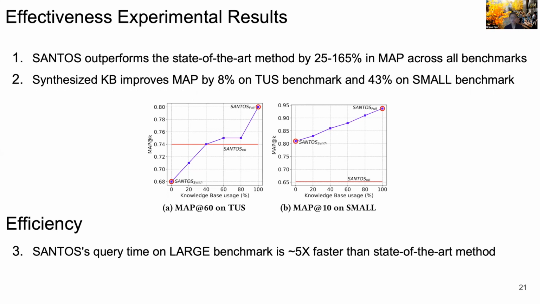This shows that the synthesized knowledge base, which represents relationship semantics that may not be contained in an available knowledge base, improves mean average precision by 8% on the TUS benchmark and by 43% on the SANTOS Small benchmark. Thus, both knowledge bases are needed for SANTOS. And in efficiency experiments, we find that SANTOS's query time on the SANTOS Large benchmark is around 5 times faster than the state-of-the-art method. And so SANTOS does scale well in the context of data lakes.